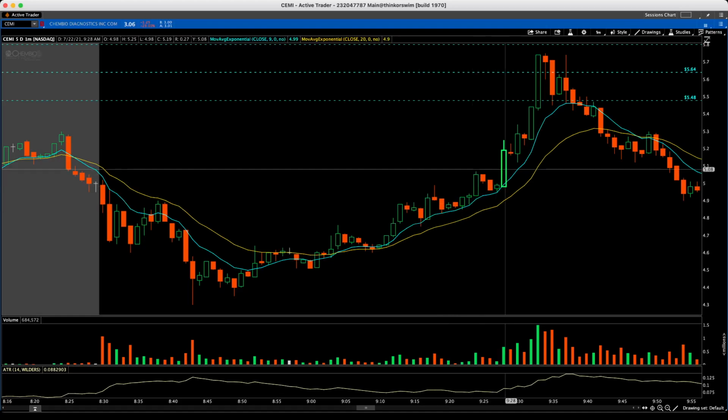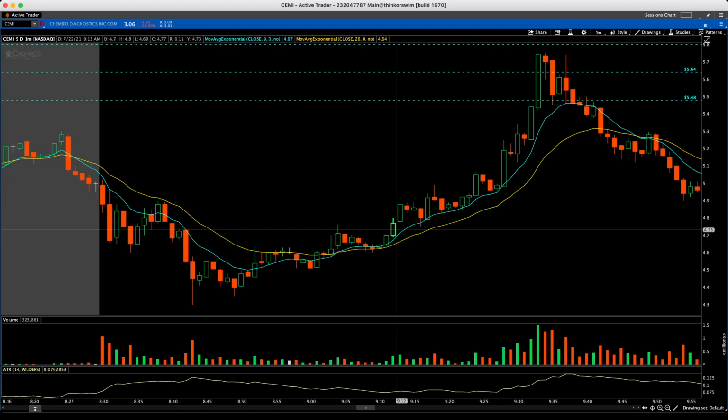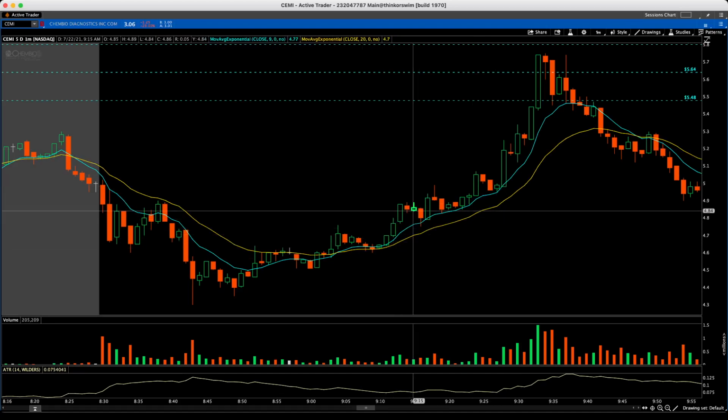So when you see that start to happen, and I even said it several times on Friday, look at how well semi, or whatever the stock was, is holding EMA support. So we can look at possibly taking a trade off of an EMA bounce.